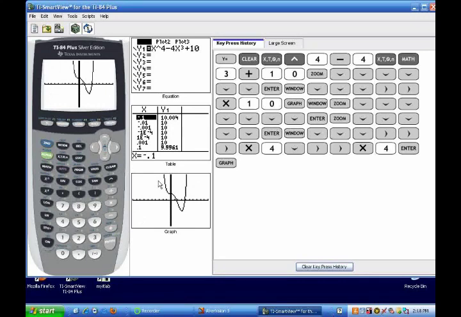So see if I can halfway decently duplicate that on my piece of paper over here. Okay, I think I have it duplicated.